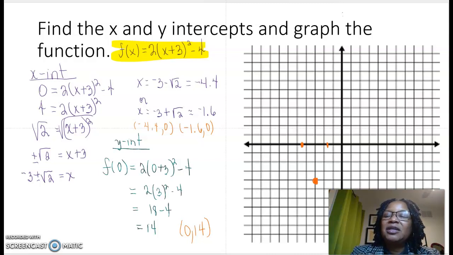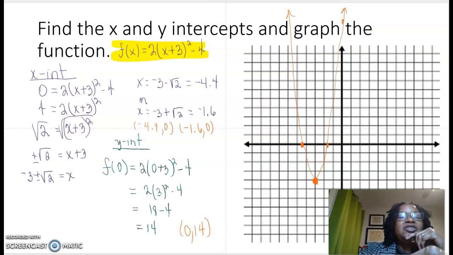The y-intercept is at 14, which is way up here, right? So this is 10, 11, 12, 13, 14, so maybe up here somewhere. So my graph is going to do something like this. All right, there's my parabola.